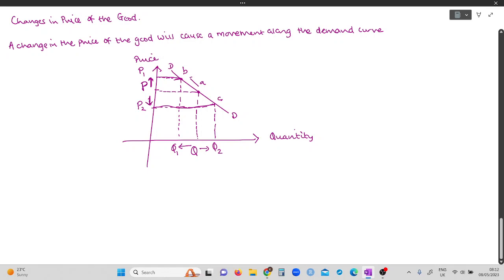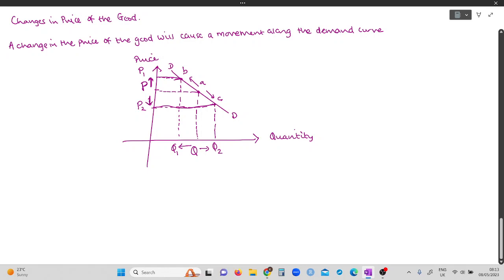So the movement from A to B or A to C as a result of changes in price is what we call the movement along the demand curve. We are not changing the demand curve, we are on the same demand curve, but the point changes.